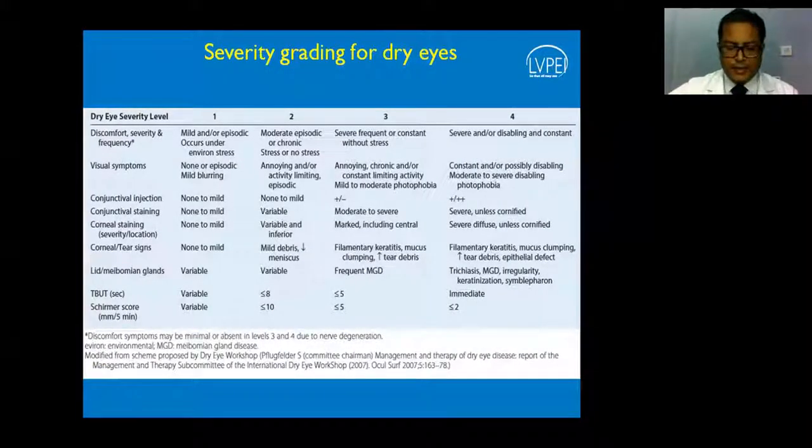Dry eye disease severity can also be graded from mild to severe based on the discomfort that the patient faces, visual symptoms, conjunctival injection, staining, corneal and tear signs, lid and meibomian gland condition, the TBUT, which is the tear film breakup time, and Schirmer's score.